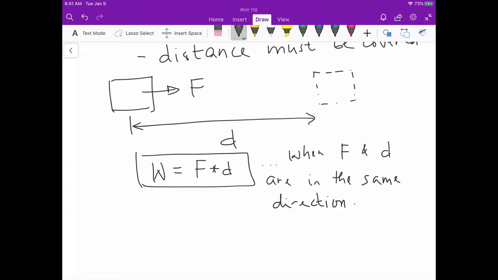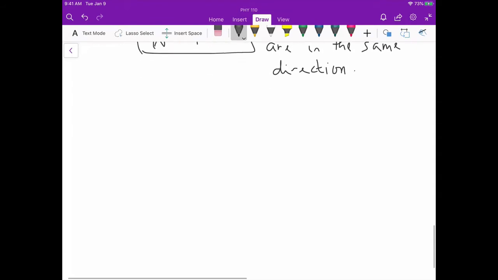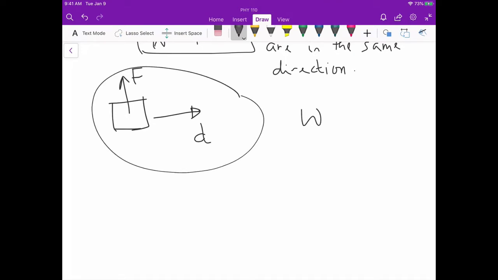So, not all forces do work. Okay, not all forces do work. So, the amount of work done by this force, for instance, in this particular case, work done is 0. Why?